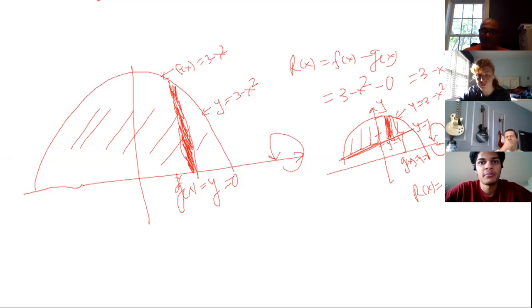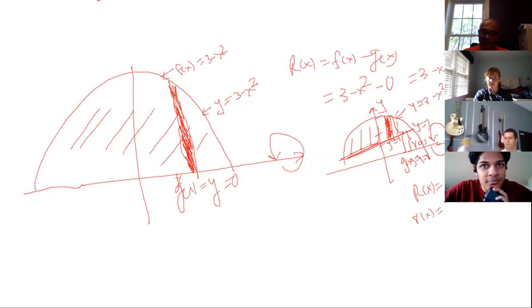So fx minus gx is equal to 3 minus x square minus 0. And I have to go for this region that is called small rx. So small rx equal to, now it was my fx and, fx minus, I don't want to say g here, let me write fx minus qx.